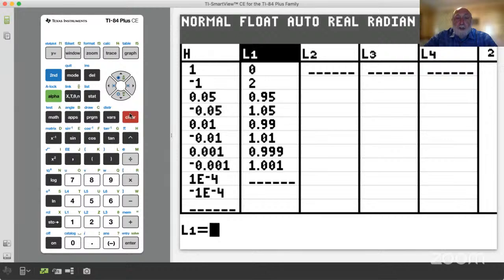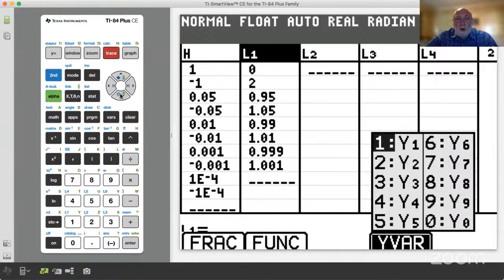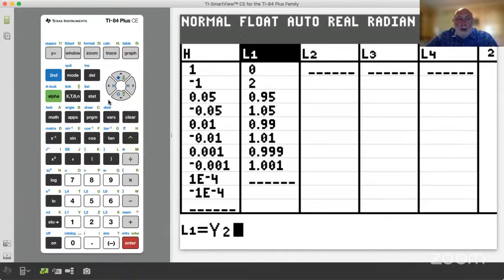Okay, so we're going to build another difference quotient. This one is centered around 1, right? So let me take the shortcut here, alpha trace. Y2 is our function now. I needed to get a parenthesis in front of that.